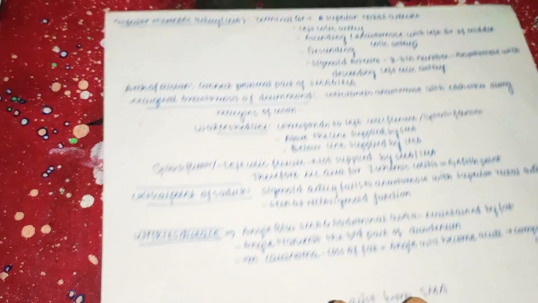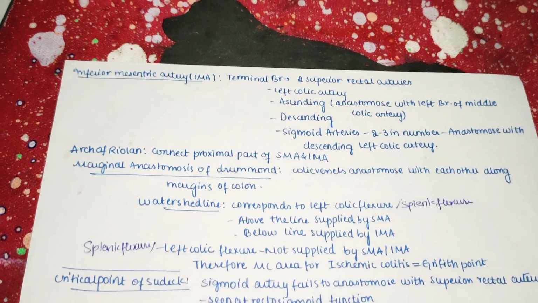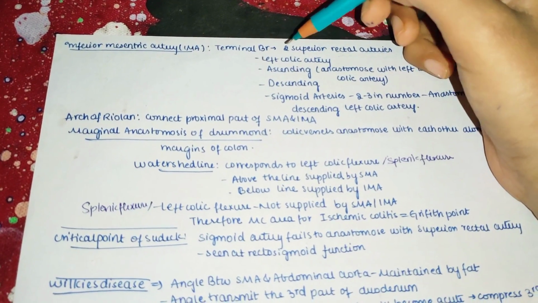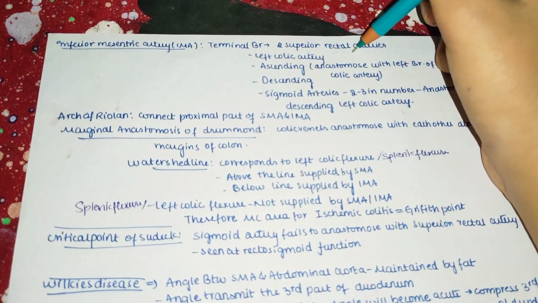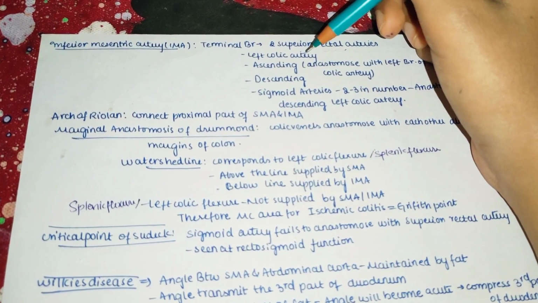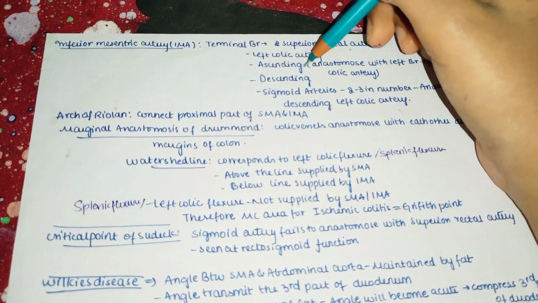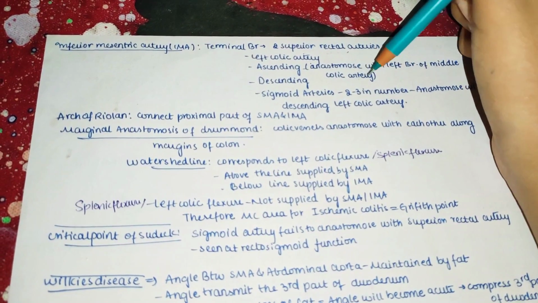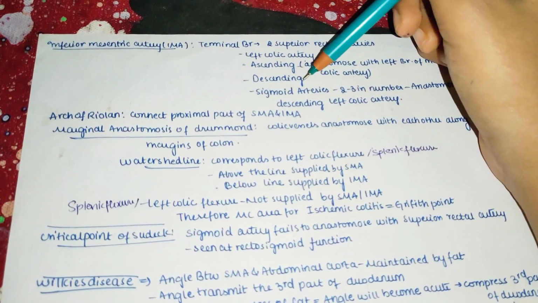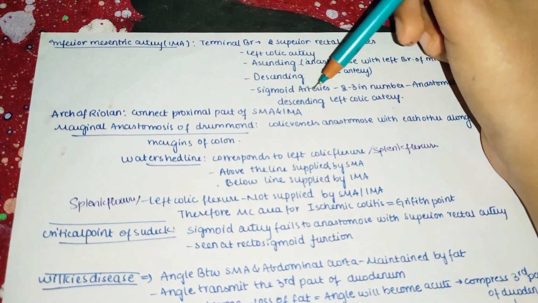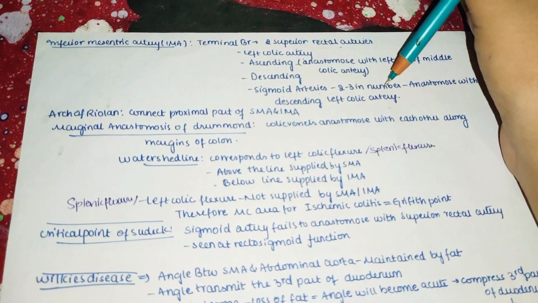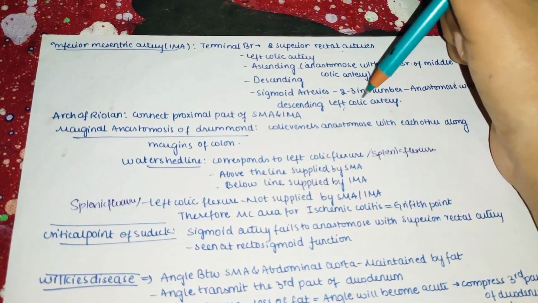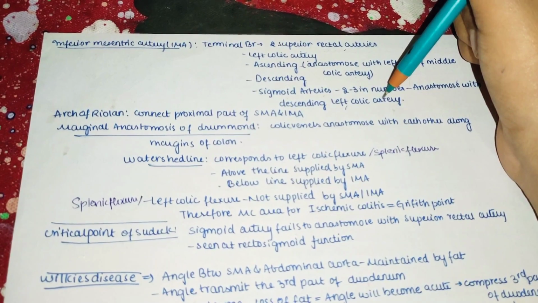Now let us discuss the inferior mesenteric artery. The inferior mesenteric artery has terminal branches, that is the superior rectal arteries, and also it gives a left colic artery, whose ascending branch anastomoses with the left branch of the middle colic artery. It has a descending branch and also sigmoid arteries, two or three in number, which anastomose with the descending left colic artery.